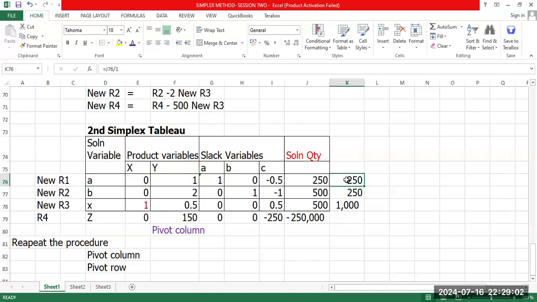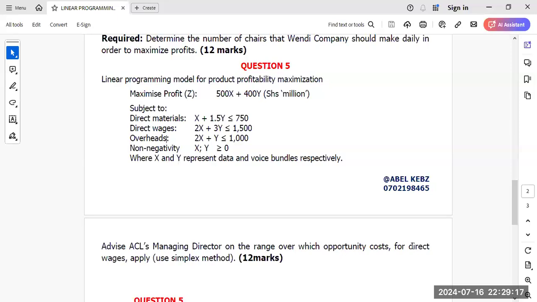The required part is taking you to which line. When you check the required part of the question, they said that our focus should be on direct wages. So you ask yourself, what is the row with direct wages?